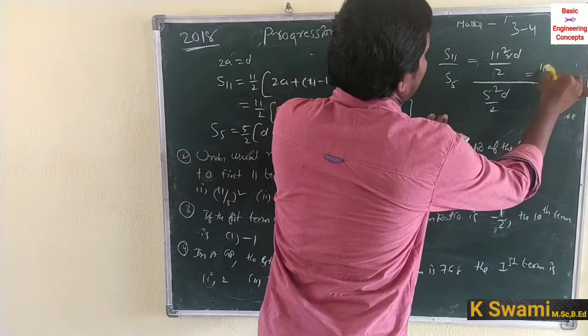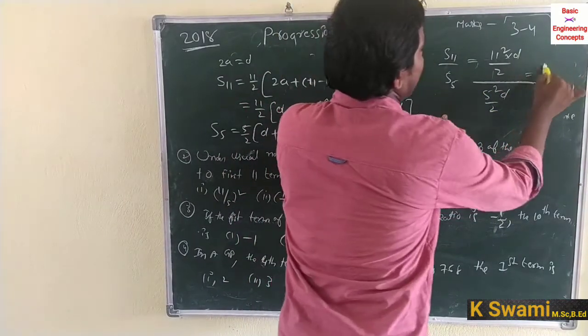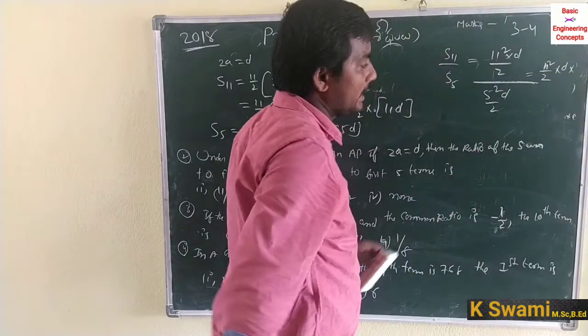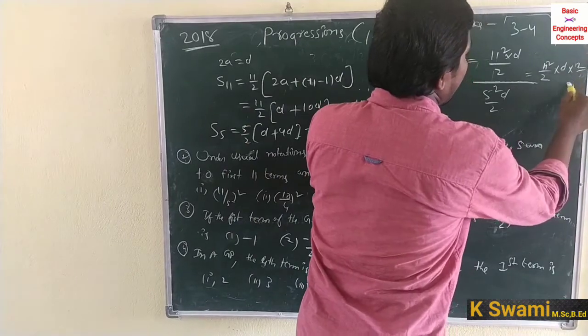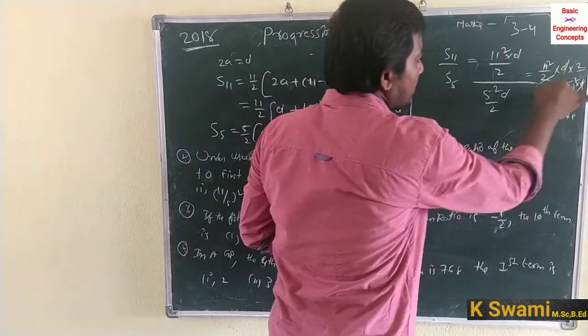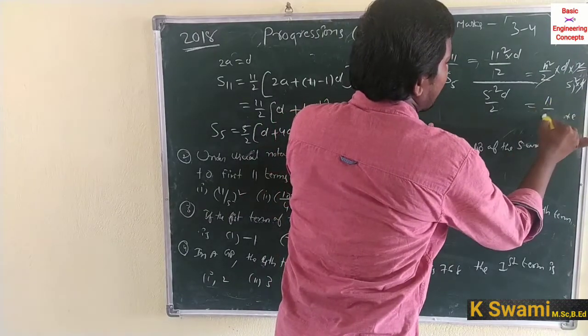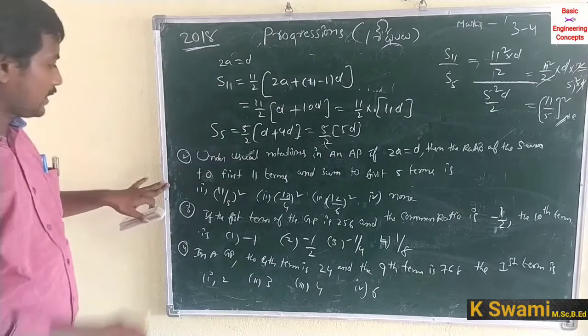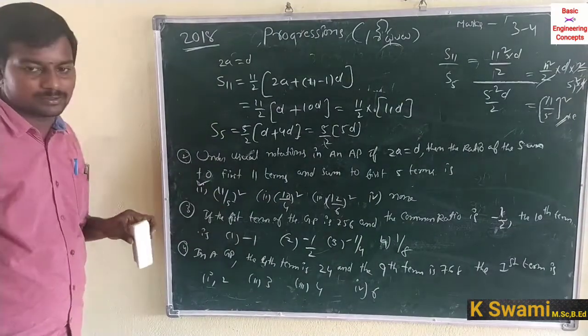That is equal to 11 square by 2 into D, into 2 by 5 square into D. So D cancels, 2 cancels, remaining 11 by 5 whole square. The first option is the correct option.